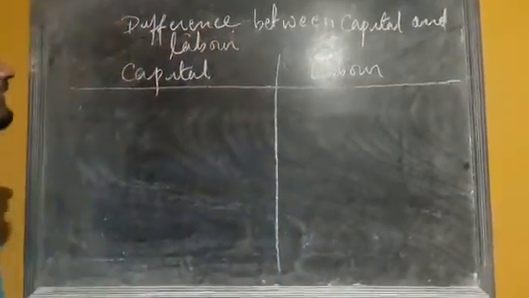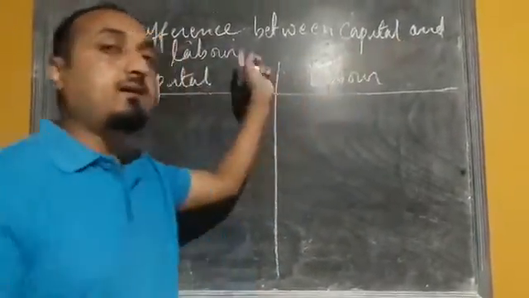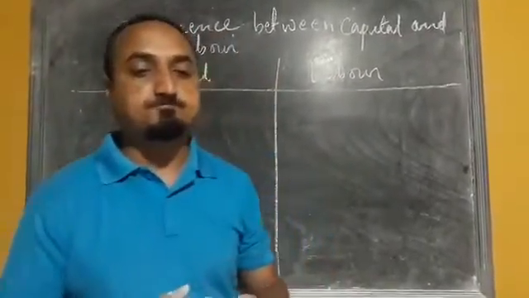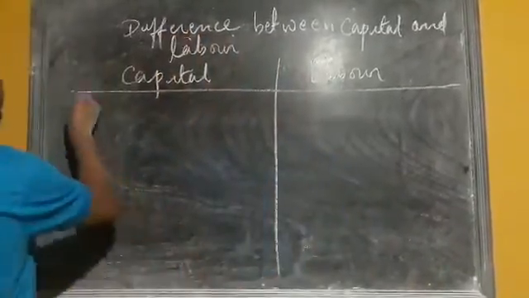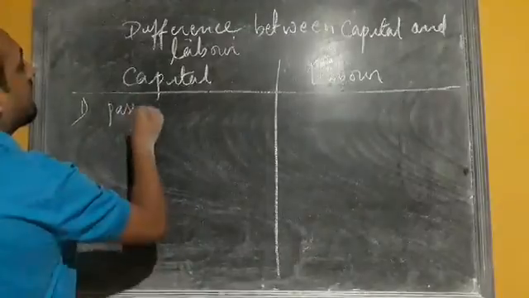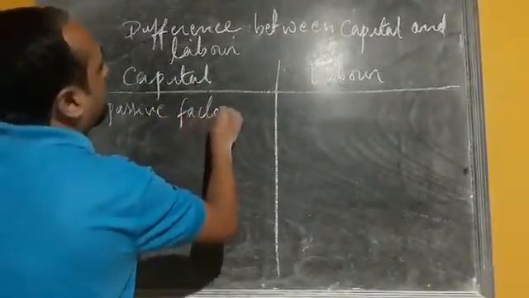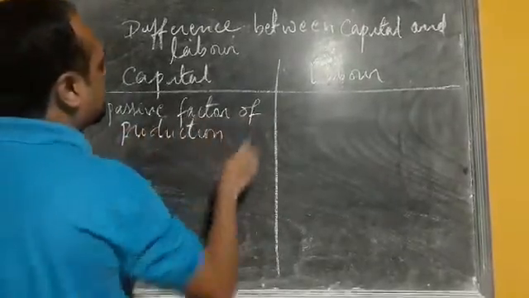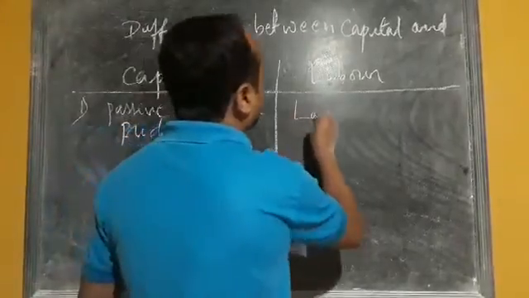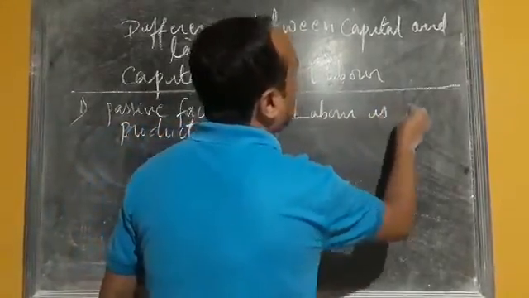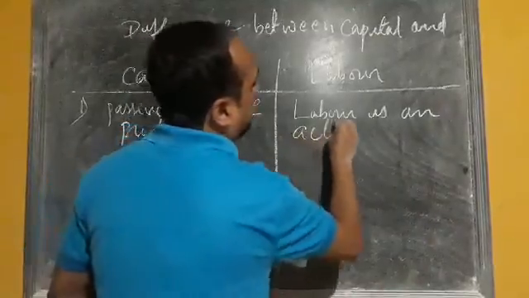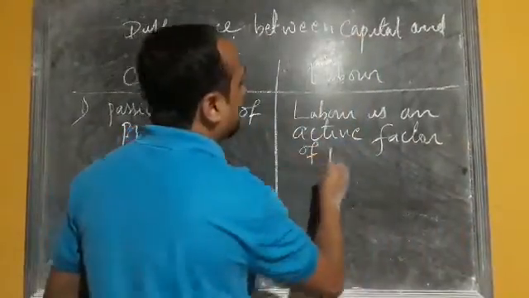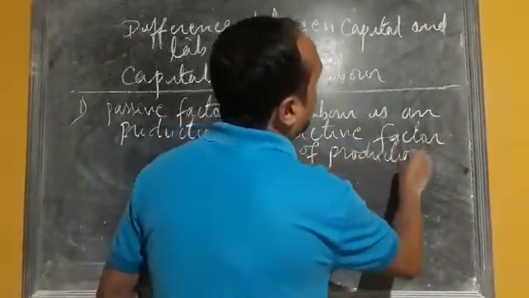Now next we are going to discuss the difference between capital and labor. Capital can be considered as a passive factor of production, whereas labor is an active factor of production.